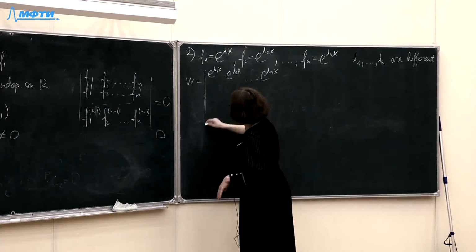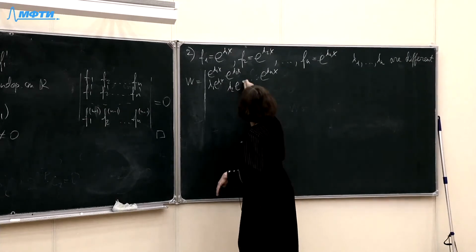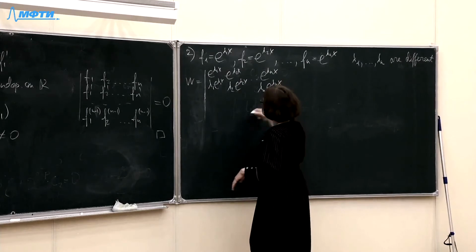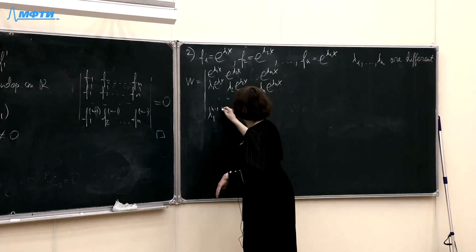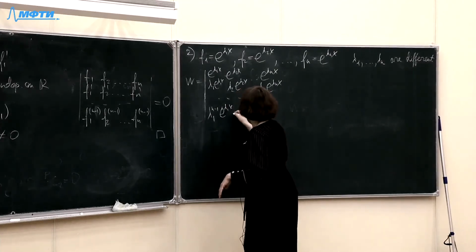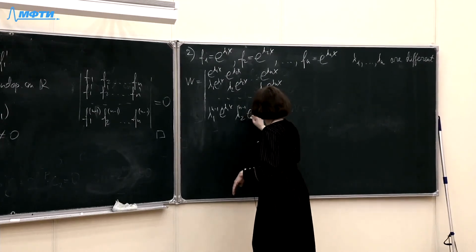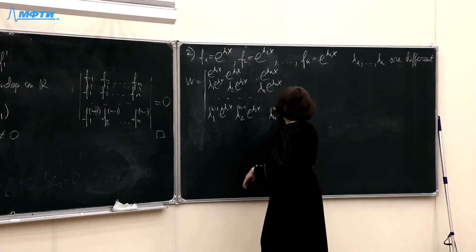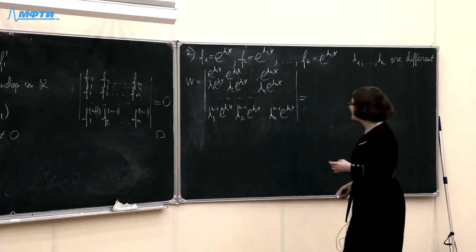Then the second row will be lambda 1 times e to lambda 1 x, lambda 2 e to lambda 2 x, lambda n e to lambda n x, and so on, and the last row will be lambda 1 to the power n minus 1 times e to lambda 1 x, and so on. Let's discuss the determinant.